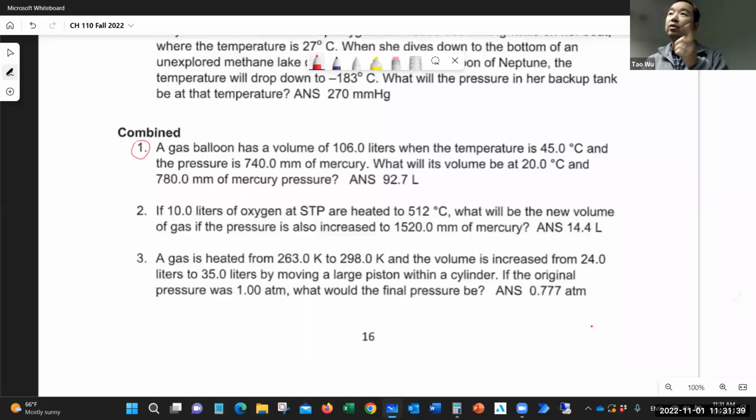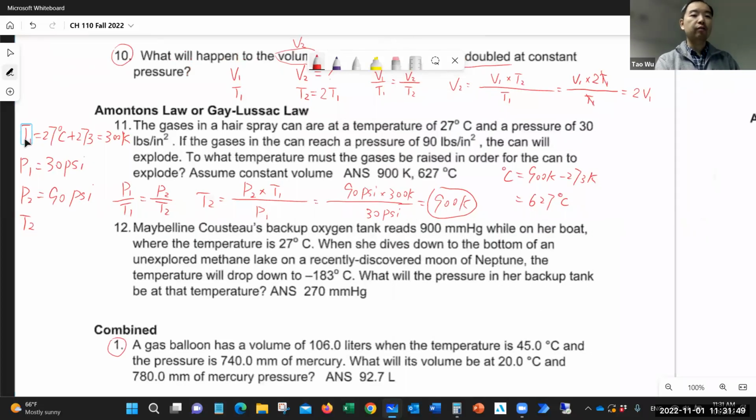So that is why I recommend you put the list of the parameters out. For example, if the parameters only give you temperature and pressure and nothing else, obviously you can only use the equation containing pressure and temperature.